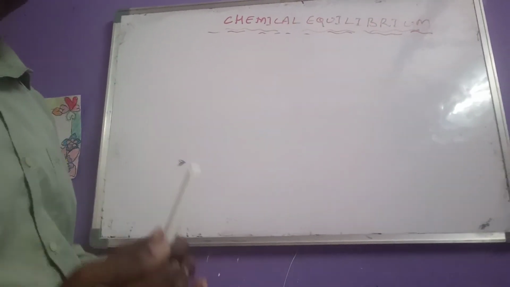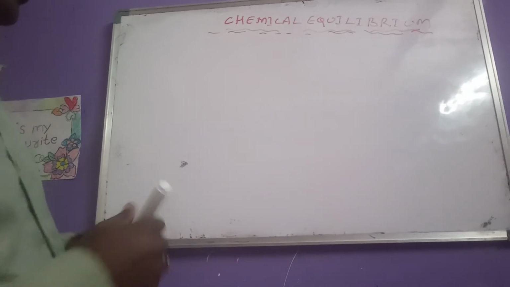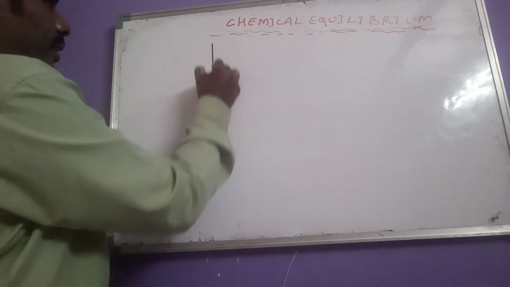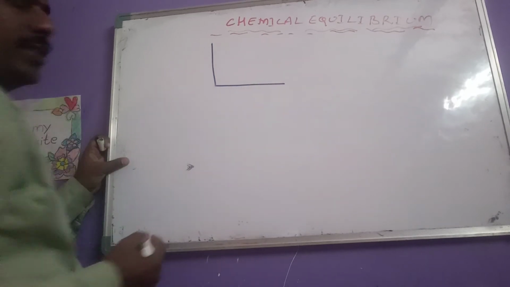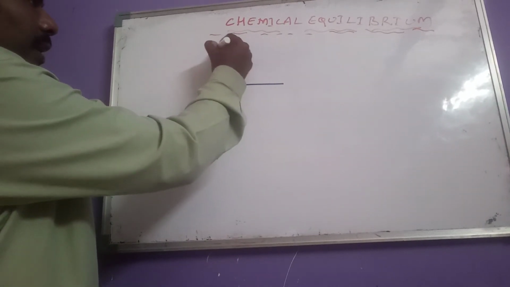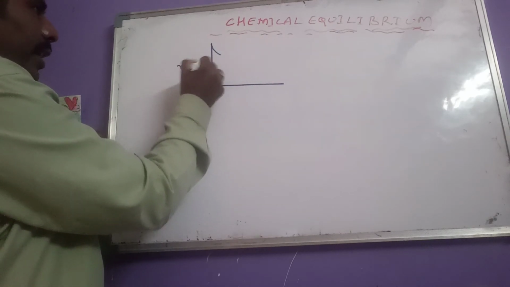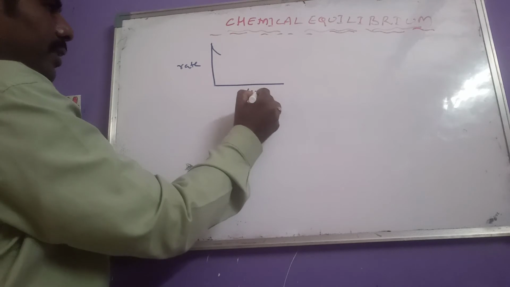Now let us go to the equilibrium state. First, what is the equilibrium state and how is it attained? If you consider any reversible reaction, initially the forward reaction takes place vigorously. Let this axis be the rate of reaction, and this be time.